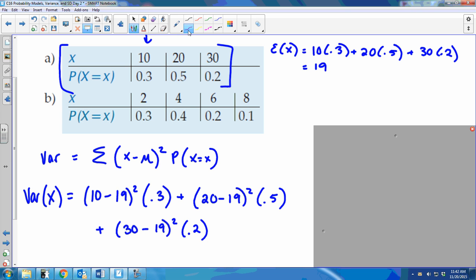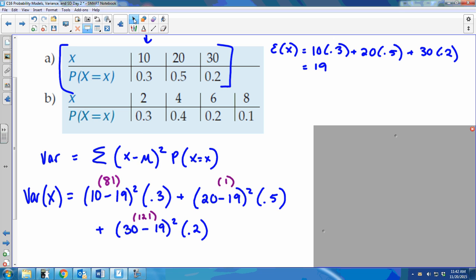I'm going to try to save myself some time before I type all this in the calculator. 10 minus 19 is negative 9. Negative 9 squared is 81. Correct me if I'm wrong. 20 minus 19 is 1, and 1 squared is just 1. And 30 minus 19 is 11, and 11 squared is 121. Everyone agree?